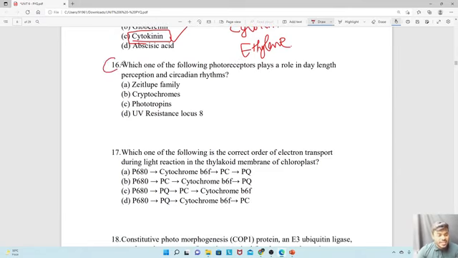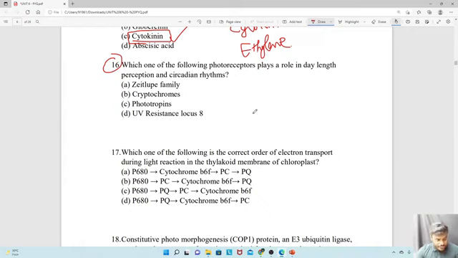Question number 16. Okay friends, I want you to remember this. This G loop, we will read in evolution also.